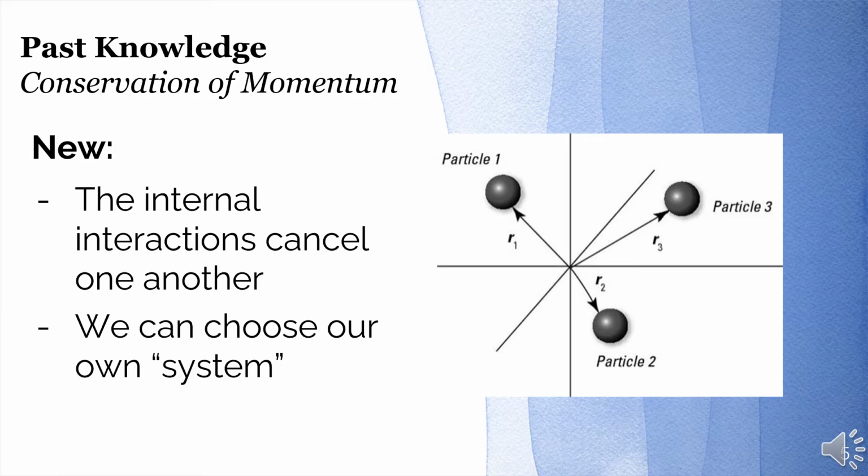If we take the derivative of this form, we end up with dp/dt, which we know equals net force. Analyzing this equation, we see that the internal interactions cancel one another. As a final note, we also have the ability to choose our own system, which allows us to use conservation of momentum in multiple situations.